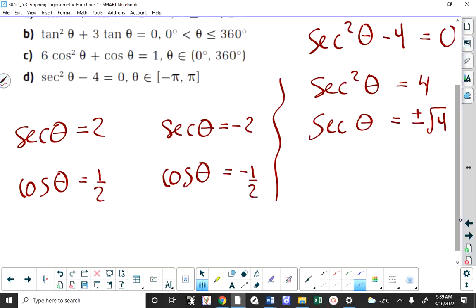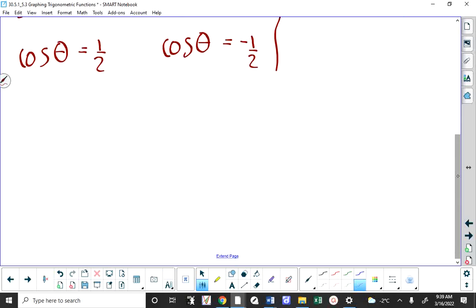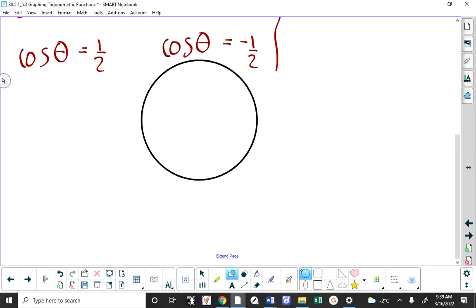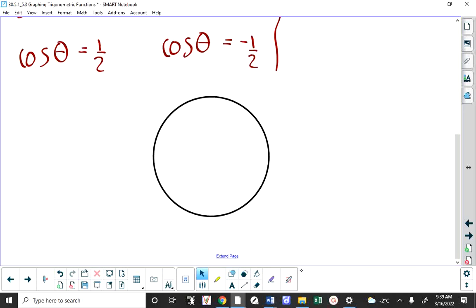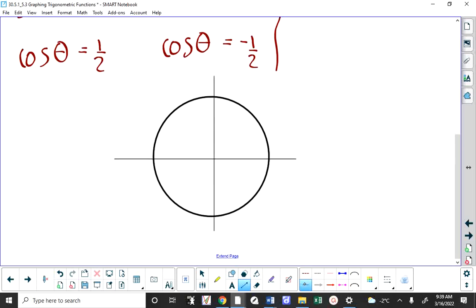Now, I'm actually really glad you asked about this. If you were a unit circle kind of person, since cosine is an x-coordinate, you're looking at where the x-coordinate is a half or negative a half. And listen very carefully to the language I use here: it means the locations are where x equals a half or negative a half, not the angles, the locations.